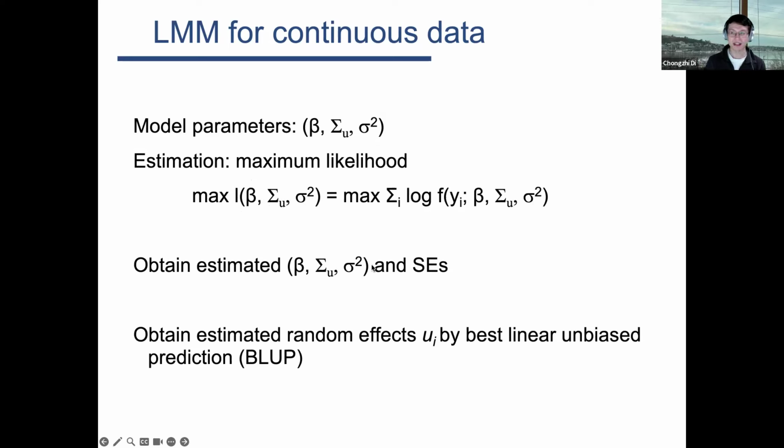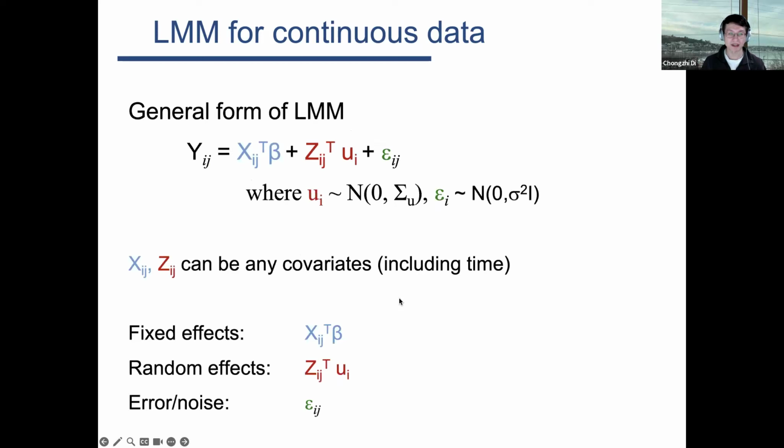And there's a statistical theory which also allows you to get standard errors for all those parameters. Once you have those estimates, the u_i are the random effects. They are still really meaningful, because whether u_i is higher or lower helps you reconstruct the growth curve for the ith individual.